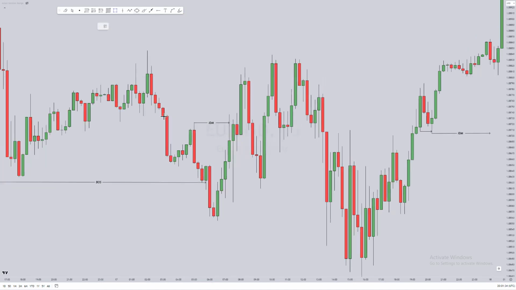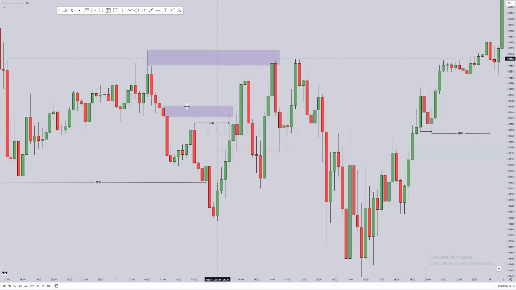Now, if you look at this structure right here, this is an unmitigated candle.